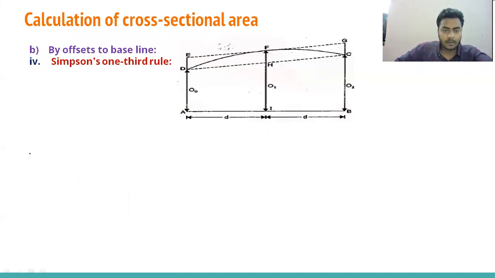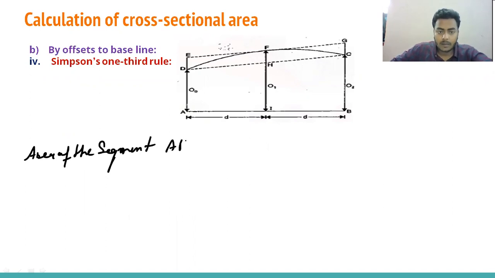Let me write here. Area of the segment A, B, C, D, right? We can calculate because this is a trapezoidal form. Its parallel sides are O0 and O2. The distance between the two parallel sides is D and D, 2D.